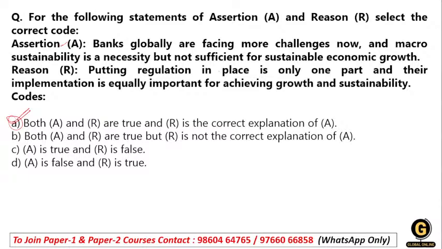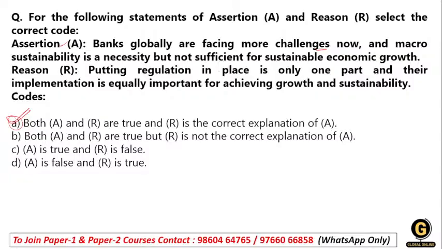Both are correct. In the assertion, banks globally are facing more challenges now, and macro sustainability is a necessity but not sufficient for sustainable economic growth. So yes, this is true, because in the current global scenario banks are under pressure from economic volatility, digital transformation, and regulatory demands in the market.